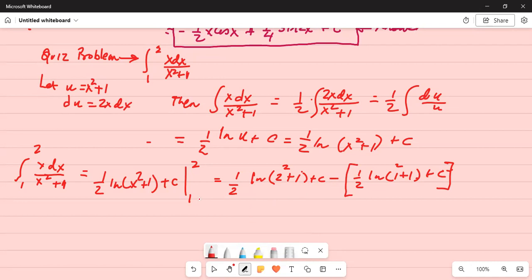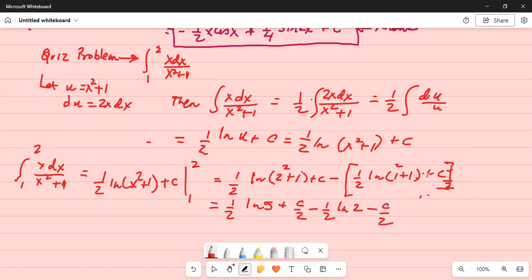This becomes half ln of 2 squared plus 1, which is 4 plus 1 is 5, ln 5, plus c by 2, minus half ln of 1 squared plus 1, which is 2, minus c by 2.